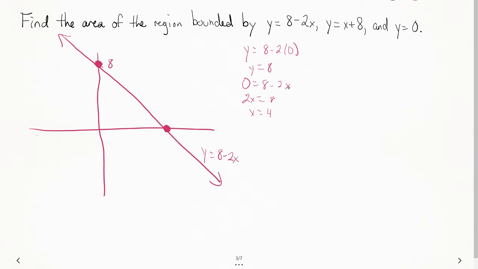Okay, y equals x plus 8. What does that thing look like? Well, we start at 8, and then remember our other bound is going to be y equals 0, which is just the x-axis. So we'll have to figure out where it crosses over here. Well, that'll be negative 8. That's not too bad. You can just plug in 0 equals x plus 8.